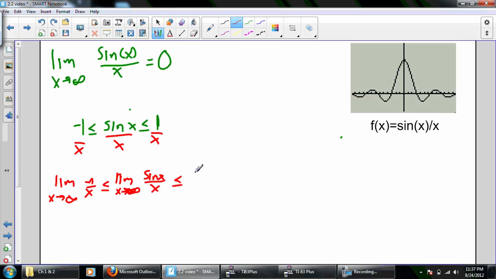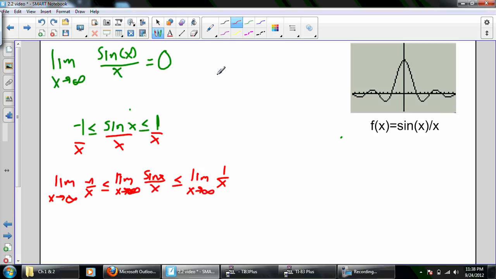That's less than or equal to the limit as x approaches infinity of 1 over x. So what I did here is we took this fact here that for now I'm assuming you know is true, divided each part by x, which is a legal move, and now I want to see, well, what happens when I take the limit of each of these?